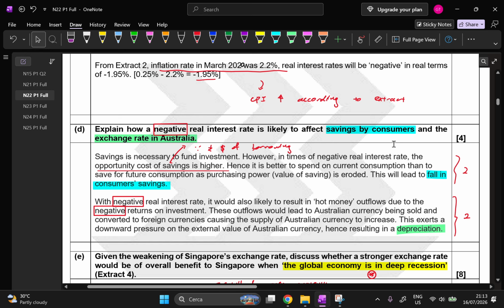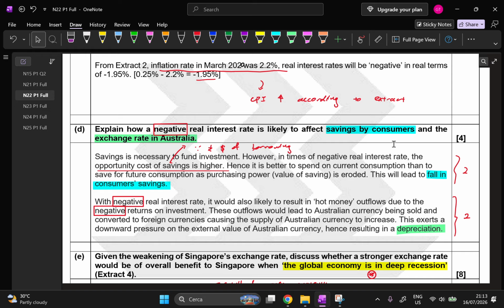Okay, so if the central bank decreases its interest rates, then commercial banks will use the central bank interest rate as a guide. So if the central bank decreases interest rates, then commercial banks will also decrease their own interest rates. So if the real interest rate becomes so low that it becomes negative, right? Then what does this mean? This means that the more you leave your money in a savings account in the savings bank, if the interest rate is negative, means you're losing money, you're not gaining.